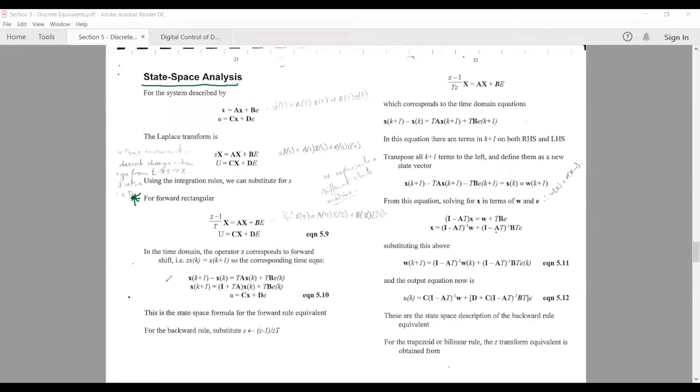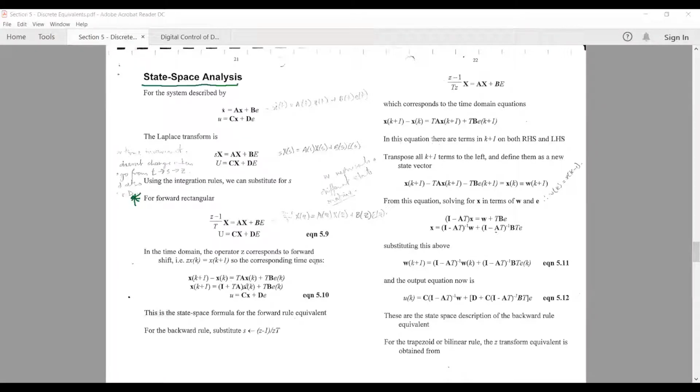So now this is a discrete form, minus x of k, because of the minus 1 times x. So x of k plus 1 minus x of k is equal to T times A x of k plus T times B e of k. We just want x of k plus 1 on the left hand side, so we take x of k to the other side.